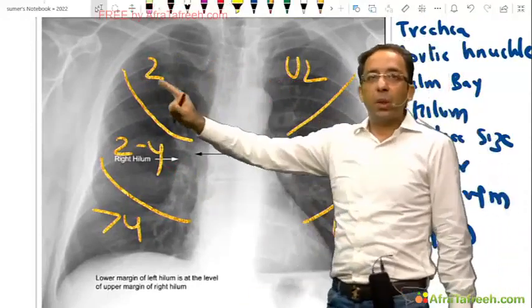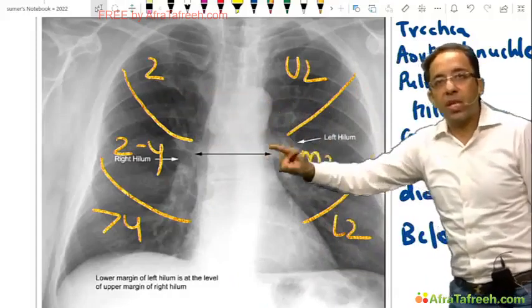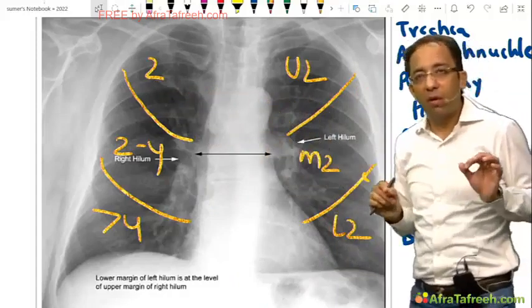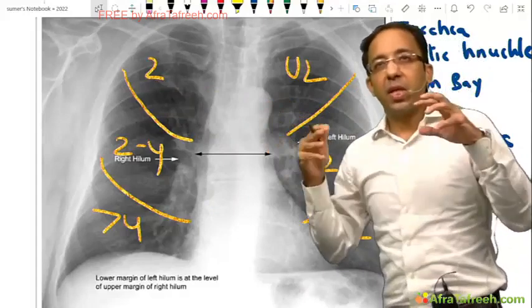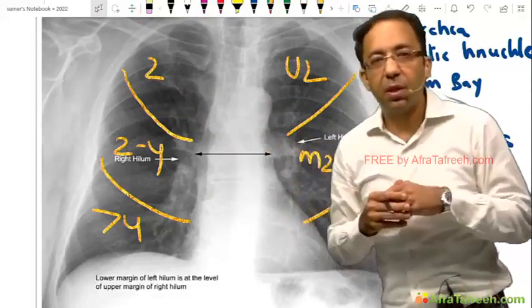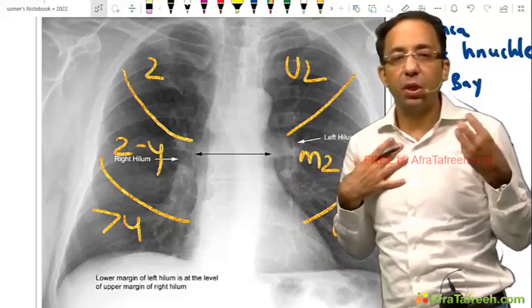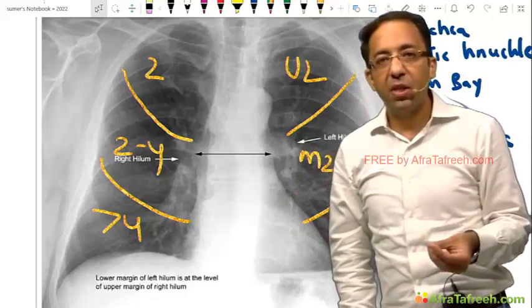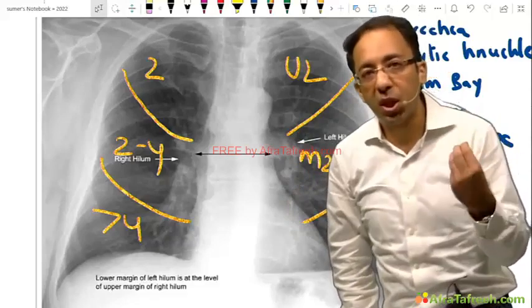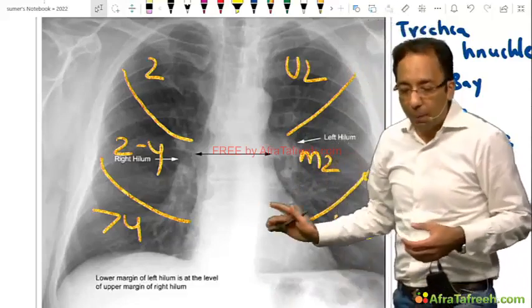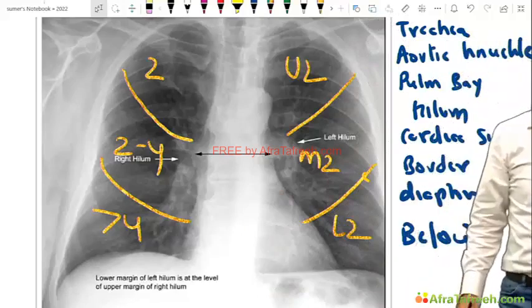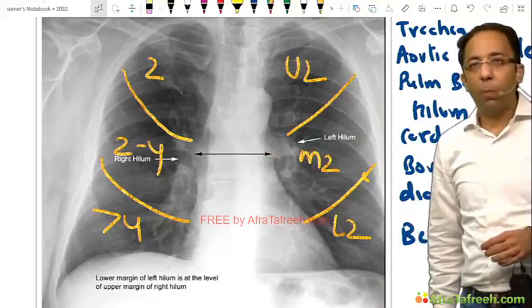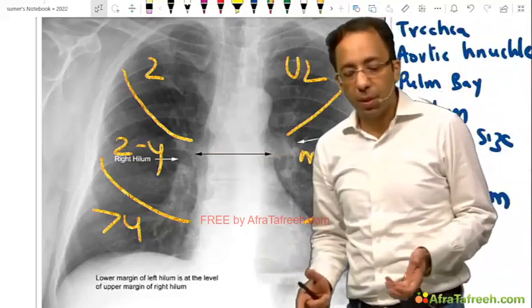And then I compare the two sides to see if there is any pathology. If there is a disease in the lung which is appearing white, we will say opacity. If it is appearing black, we will say lucency. So I compare the lungs zone by zone to look for opacity or lucency.